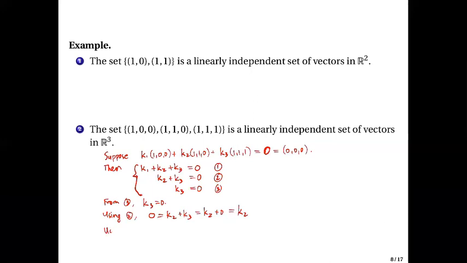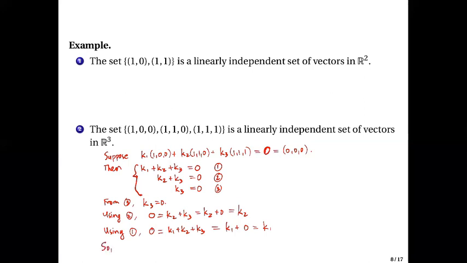And finally, using equation 1, again, you have here 0 plus 0 equals k1 plus k2 plus k3. But using equation 2, k2 plus k3 is equal to 0. So you have k1 plus this 0 guy here, so this is equal to k1. So k1 equals 0. And therefore, the scalars k1, k2, and k3 are all 0, assuming this equation here.